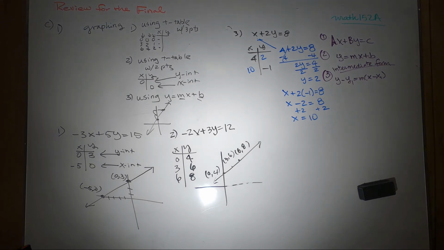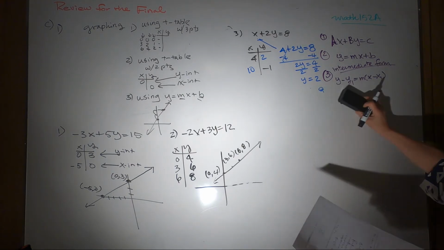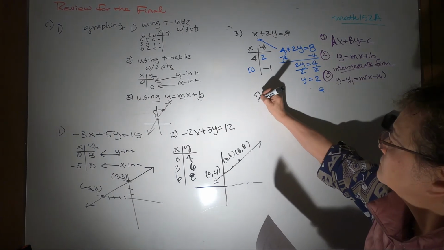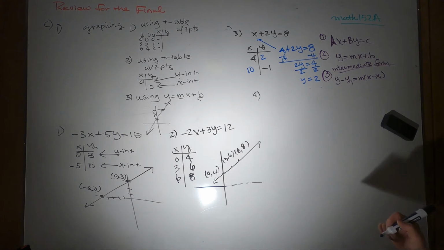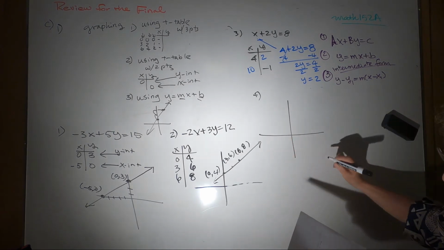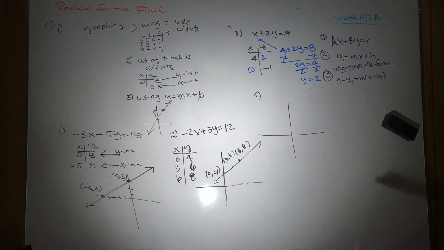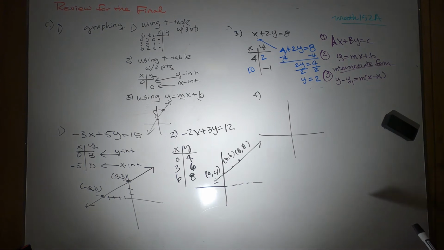So let's take a look. The next one. Write the equation of the line which contains the points (1, 5) and (9, 2). So we want to write the equation for the line which passes through these 2 points and write your final answer in standard form like those.